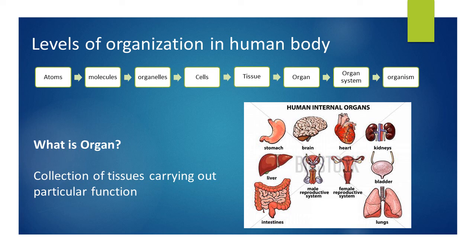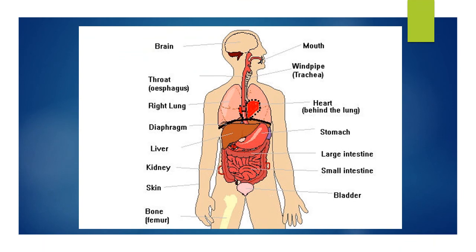So first one, stomach, then brain, heart, kidneys, liver, intestines, lungs, bladder and female and male reproductive systems. For female reproductive system, there's ovary, and for male, there's testes. Here you can see how those organs are located in human body.